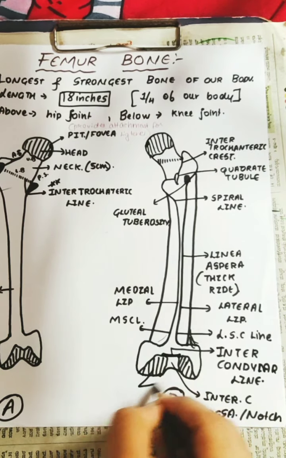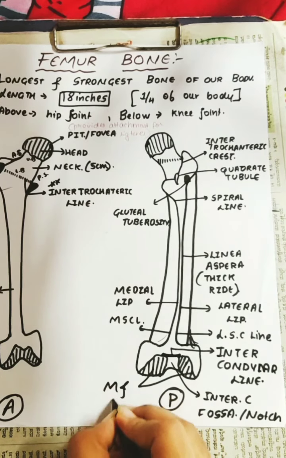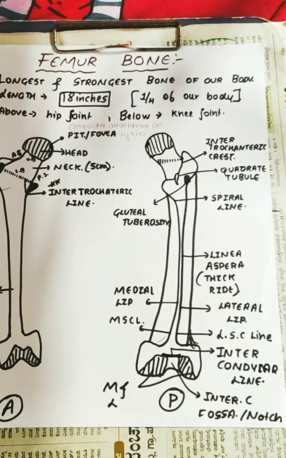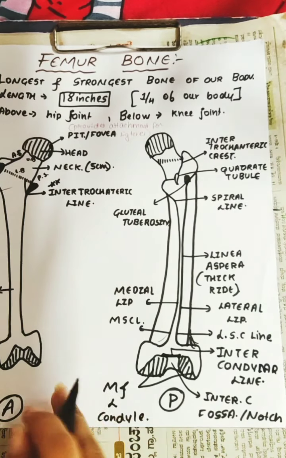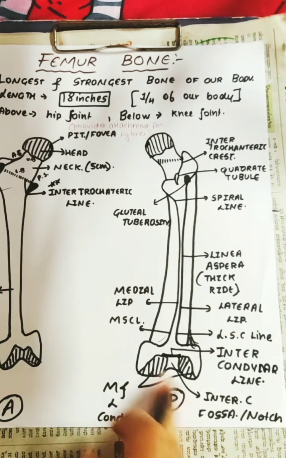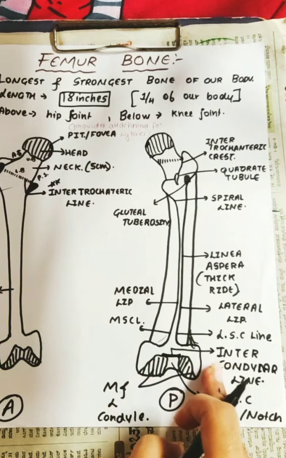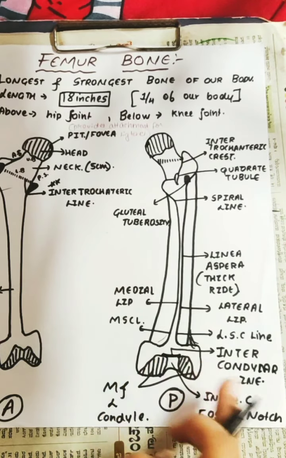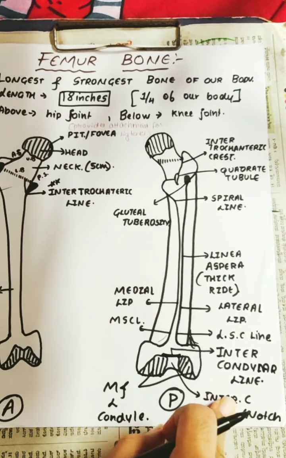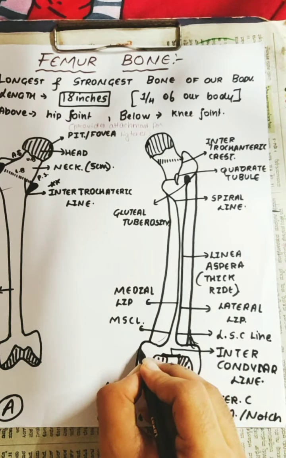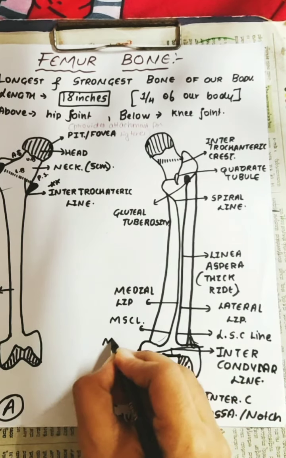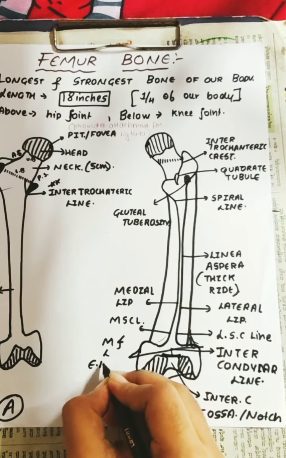So these are the medial and lateral condyles. You can see the medial and lateral condyles present in this region. Between the two condyles you can see the intercondylar fossa. Above that you can see two other ridges here. These are the medial and lateral epicondyles.